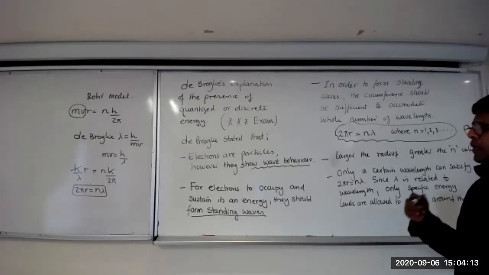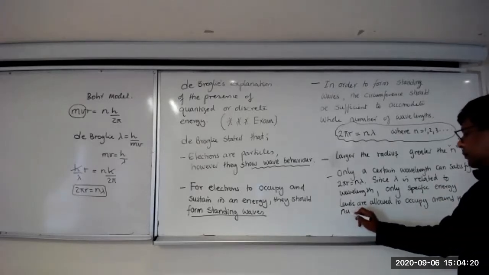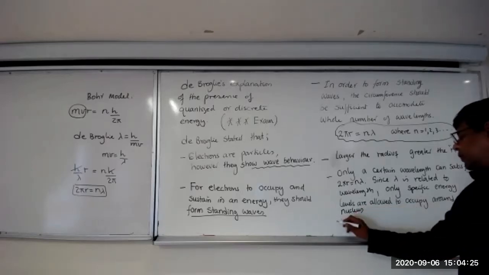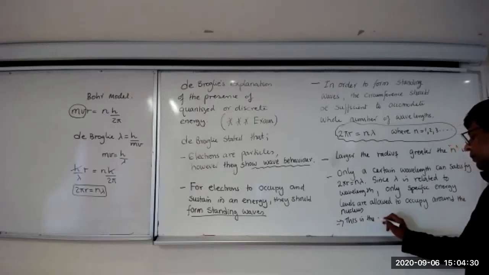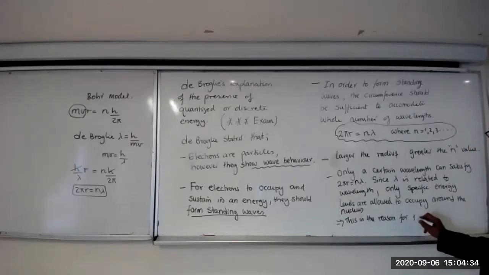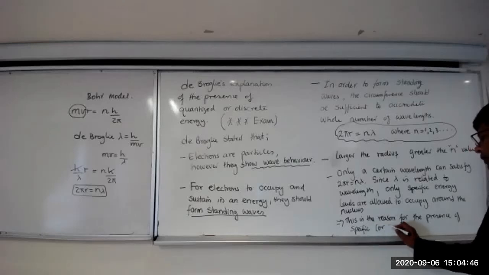You can see that it's not really a well-defined path, it's a probability, it's a wave now. So this is the reason for the presence of specific energy levels, or quantized energy levels.